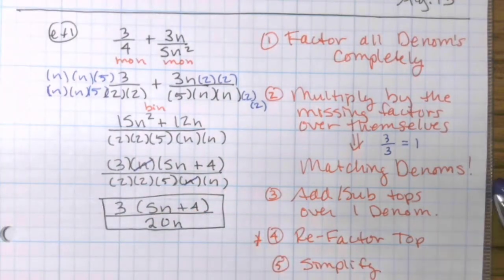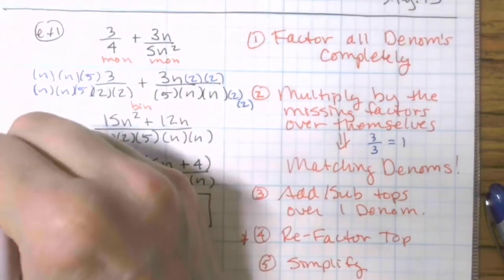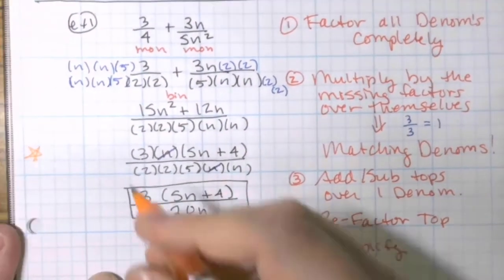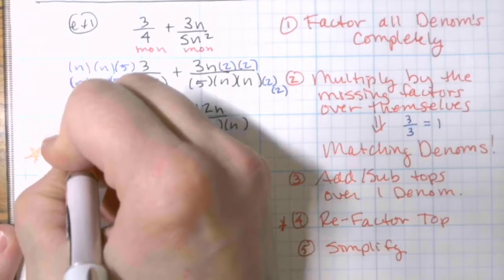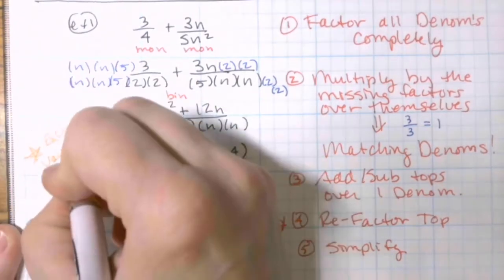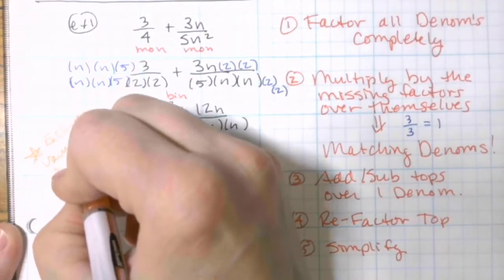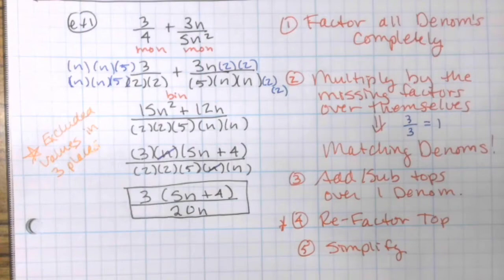Now, we're not going to be doing excluded values at this point, but just as a side note, for excluded values, you have to look in 3 places. I'm going to use a highlighter now.